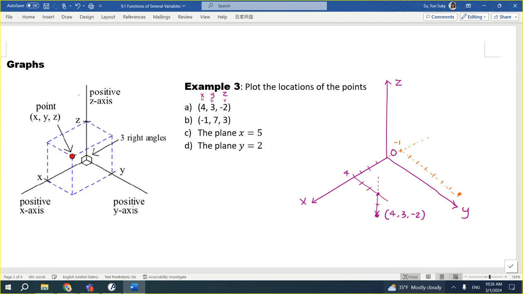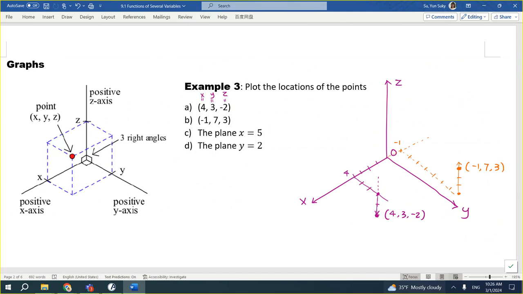Like here. Yes, everybody? And then do we go up or down? We go up. How many units? 3. 1, 2, 3. Oh, right here. So this is negative 1, 7, comma 3. Is that okay, everybody? Yes.